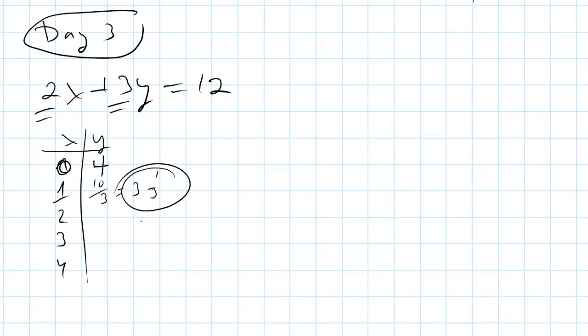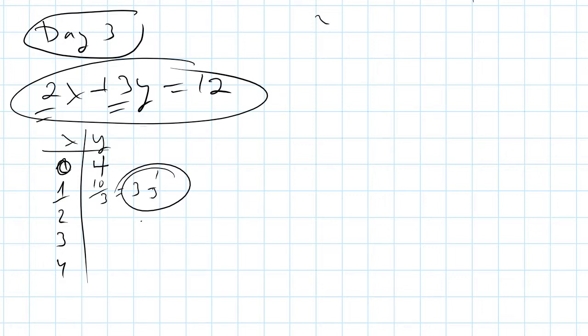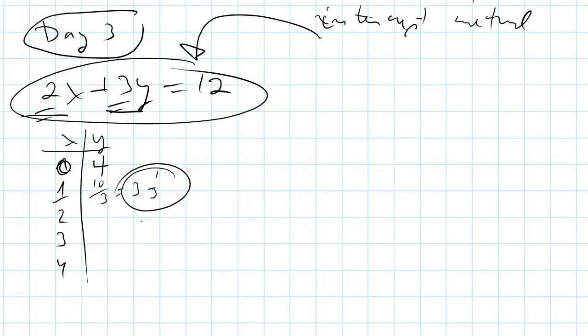So for day 3, it's going to be equations like this, and I'm going to teach them the intercept method. Also, I'll introduce this is called standard form, when it's something x plus or minus something y equals something. So the intercept method is where our chart just has 0 for x and 0 for y.